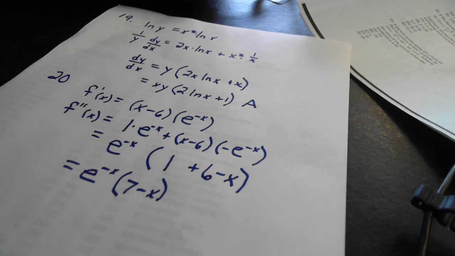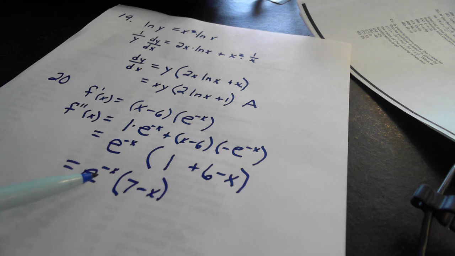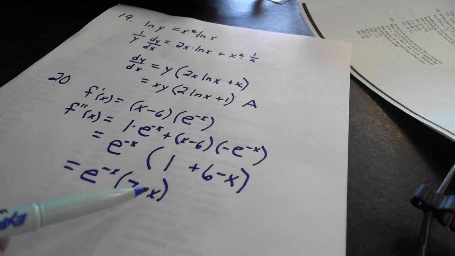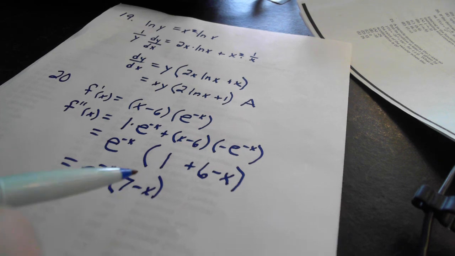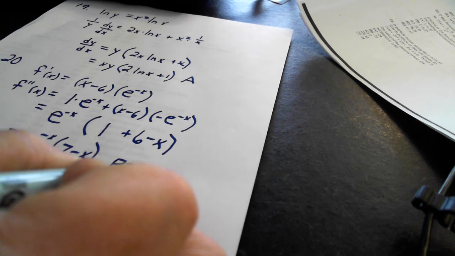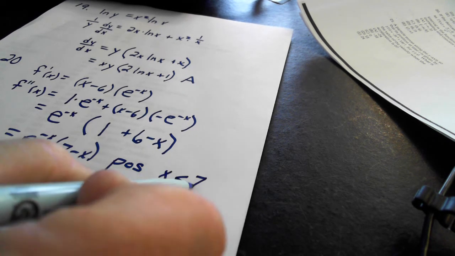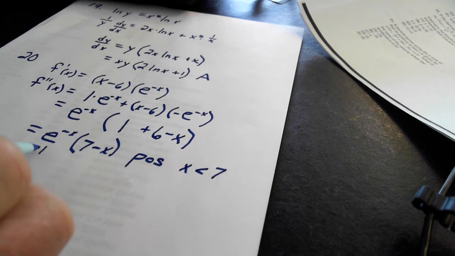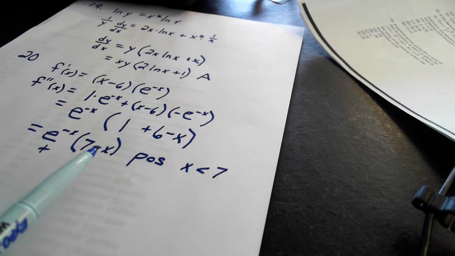This isn't too hard. This e to the minus x is never going to be negative, it's 1 over e to the x, and that can't ever be negative. So the only way this one can be negative is, so I'm just going to write that. This is negative, this is positive.